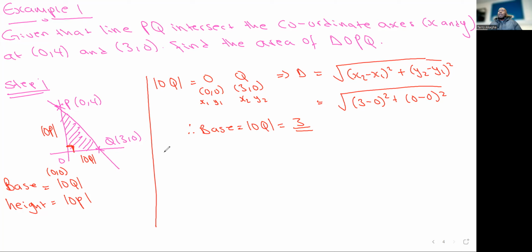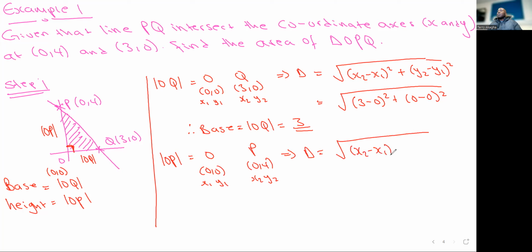Then the next one, we're going to look for OP. So we have O and we have P. The O is (0, 0), and the P is (0, 4). So this is x1, y1, and this is x2, y2. The distance formula is the square root of (x2 minus x1) squared plus (y2 minus y1) squared.